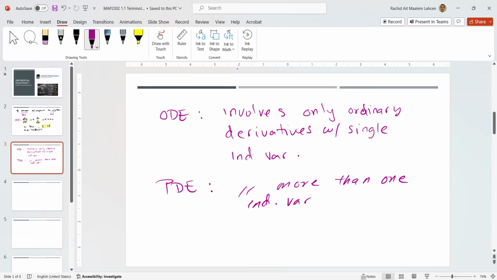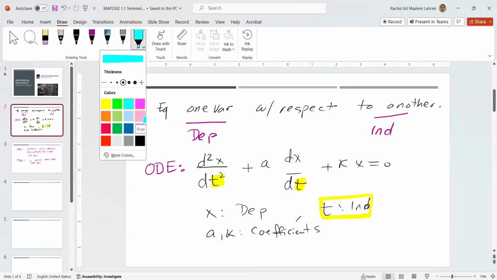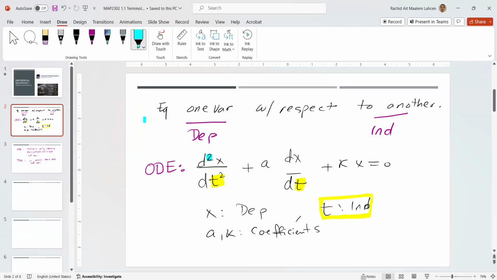Another important part to talk about here is the order. We need to understand the order, because when you understand the order, you understand some other ideas that follow, like initial conditions and stuff. The highest derivative here is second, so the order is 2.